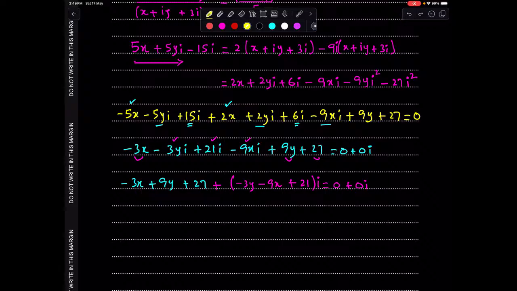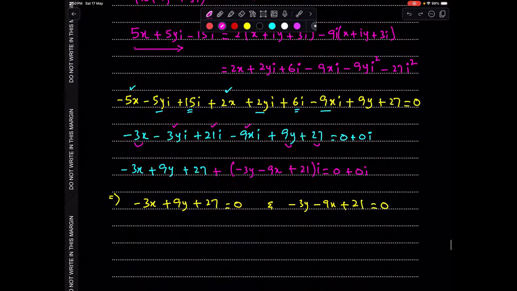So we have minus 3x plus 9y plus 27 is equal to 0, and minus 3y minus 9x plus 21 is equal to 0. Okay, I'm multiplying this equation with 3.